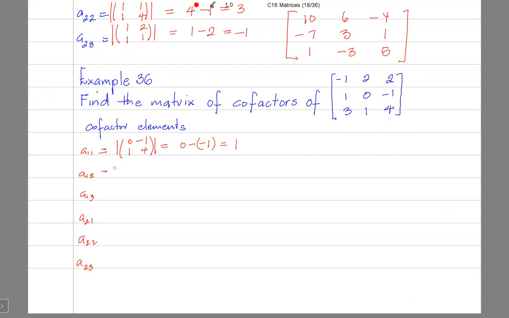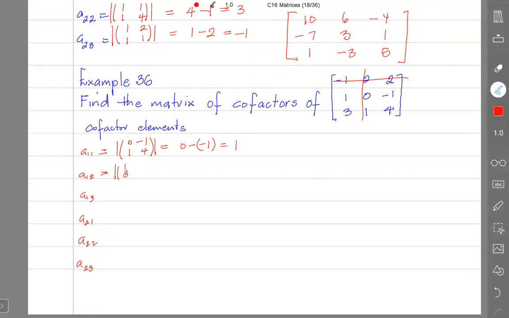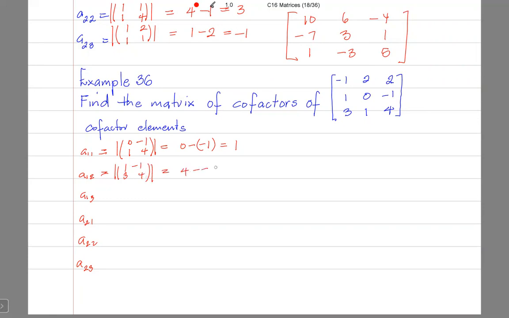This would be the determinant of, for cover this and this, so it's the determinant of 1, 3, minus 1, 4. That is 4 minus minus 3, which is 7.